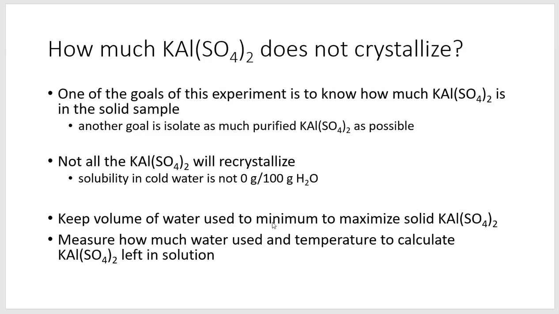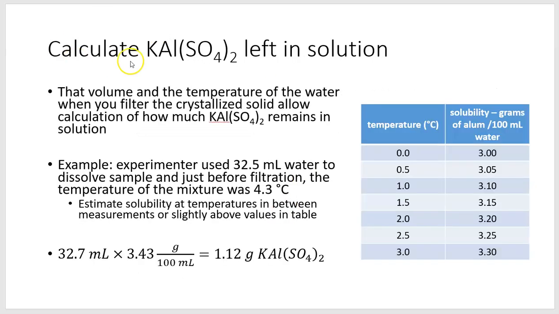We'll measure that entire liquid, and if we know the volume of the water and the temperature of the water, we can figure out how much alum was dissolved in that water. So here's how we're going to do it. After the sample's been filtered, using a graduated cylinder, we'll measure the volume of the water that was used to dissolve and wash the sample.